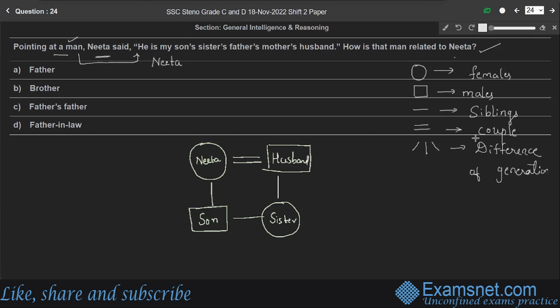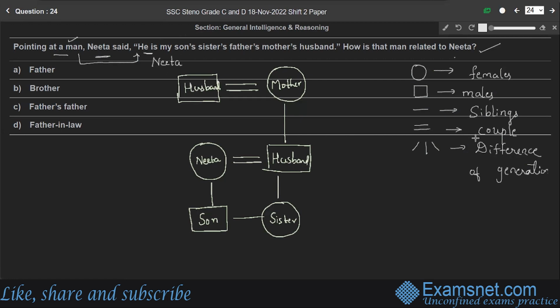Father's mother means difference of generation, so father's mother means the grandmother. Mother's husband means Neeta's father-in-law.